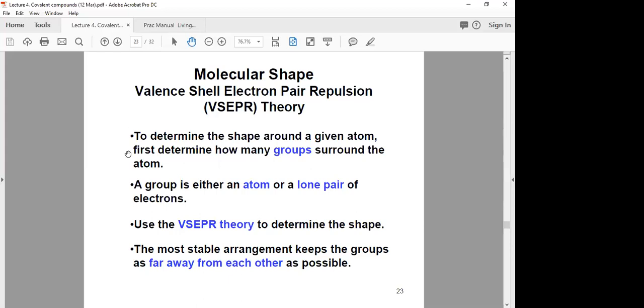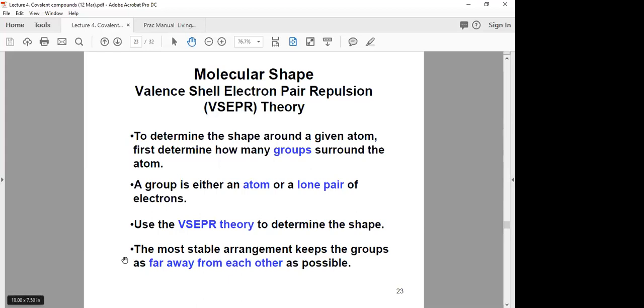All right, so to determine the shape around a given atom, first determine how many groups surround the particular atom. We'll look at what those groups are, some examples. A group is defined as either an atom or a lone pair of electrons. Then we use the VSEPR theory to determine the shape.